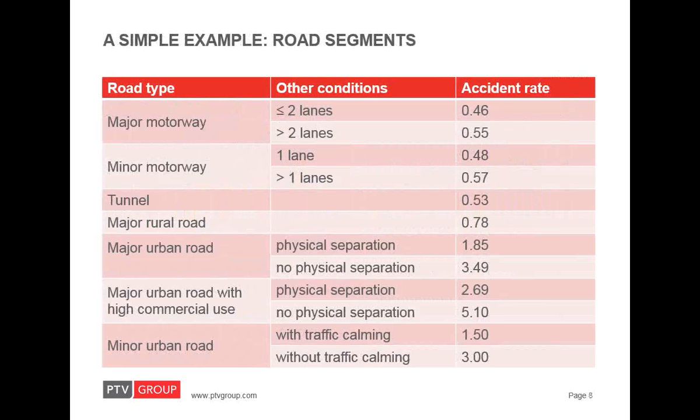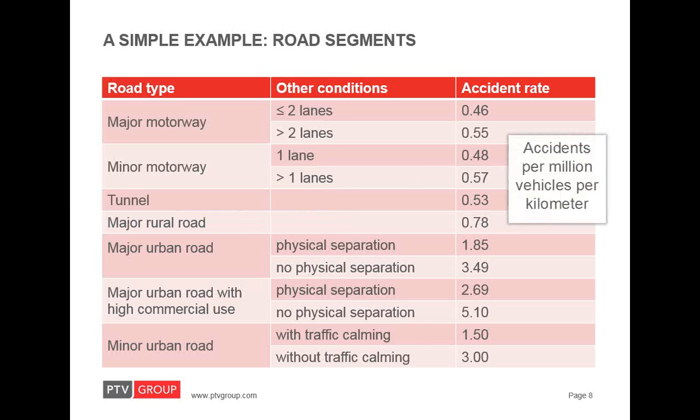This is an example which is used in Switzerland, and the idea, as I said before, is to give a constant accident rate for different road types. So if you are on a major motorway, then there might be some other conditions, if you have more than 2 lanes or not, and depending on this you will get different accident rates. The numbers here in this right column are accidents per million vehicles per kilometer.